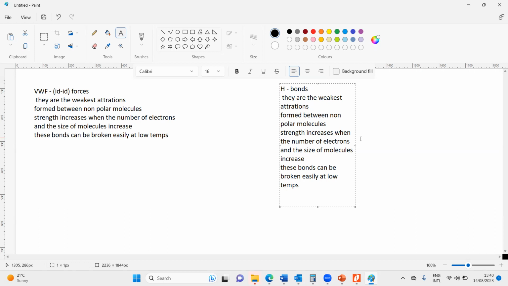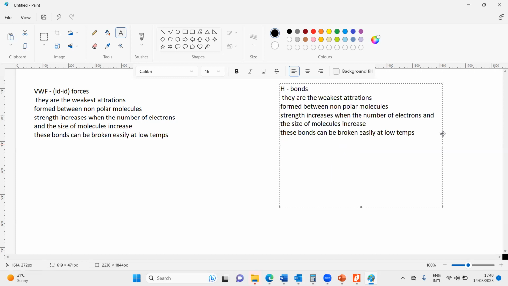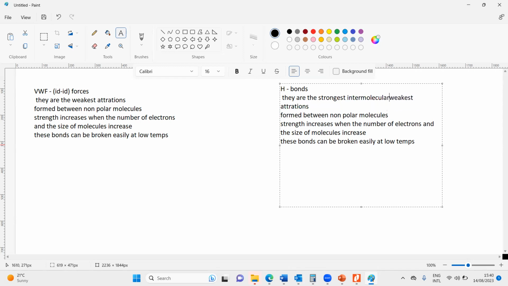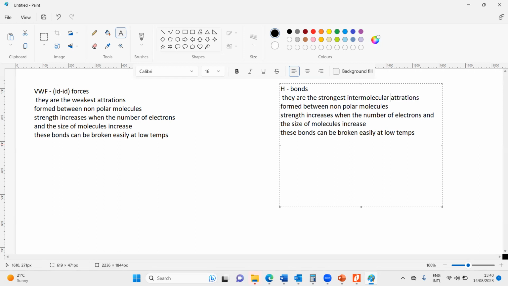Under ID forces, we talked about them as the weakest attractions. But hydrogen bonds are the strongest intermolecular attractions.